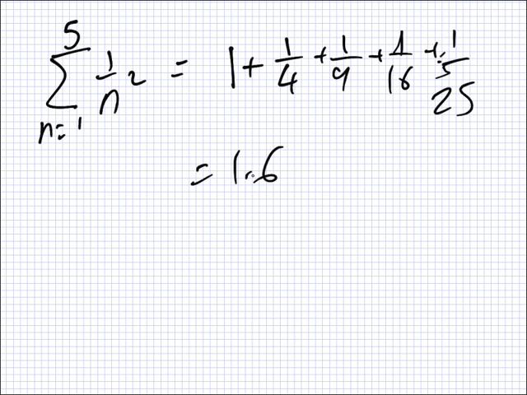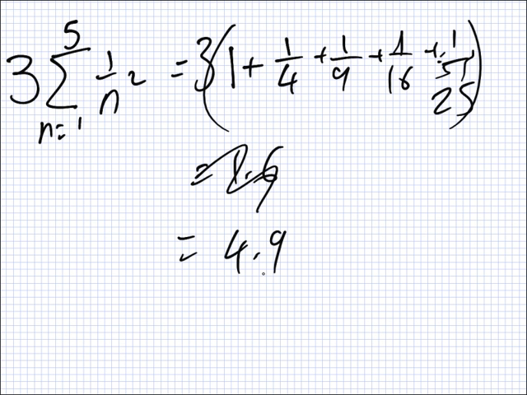They want to see the 5 numbers. If the 3 was in here, you'd get 4.9. So they're quite easy.